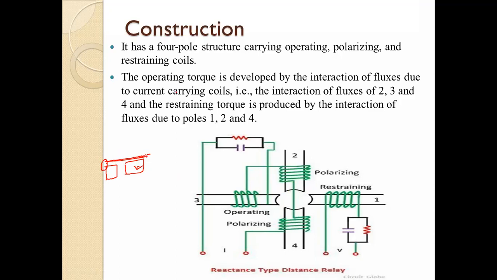So this is the induction cup structure. It has a 4 pole structure carrying operating, polarizing and restraining coils. The operating torque is developed by the interaction of fluxes due to current carrying coils. Now we are considering 3 coils here.